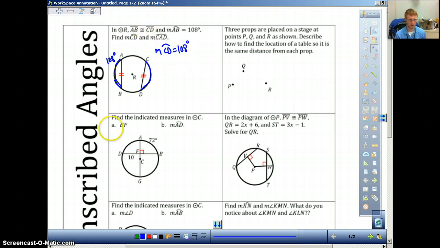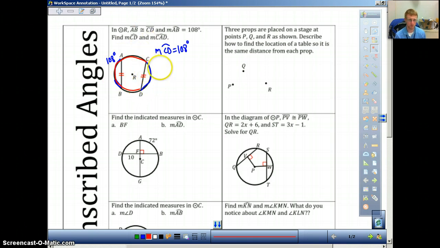Okay? Now it's also asking to find the measure of CAD. Well, CAD, I'm going to do it in red, is going all the way around. If you notice, the only thing that we're missing from this major arc, from CAD, is the CD.